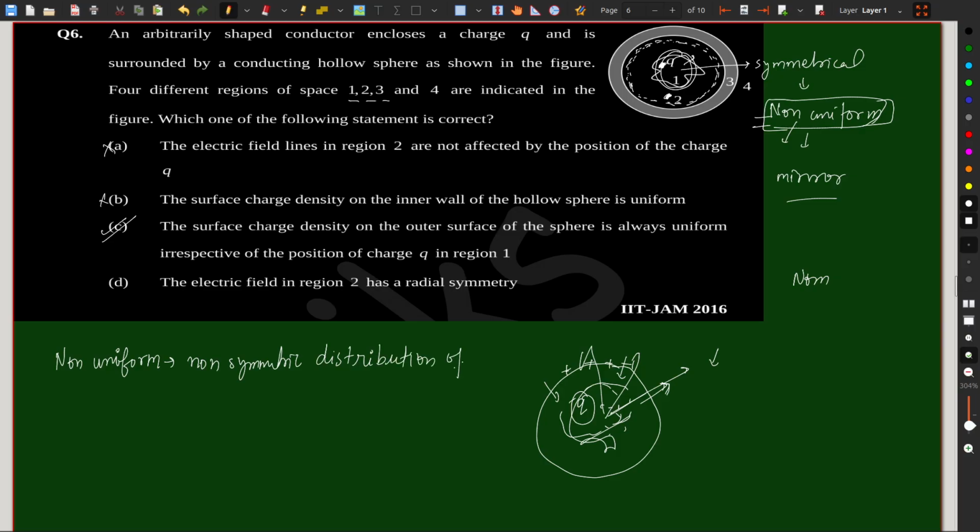So C is the correct option. Let's move to the next question.